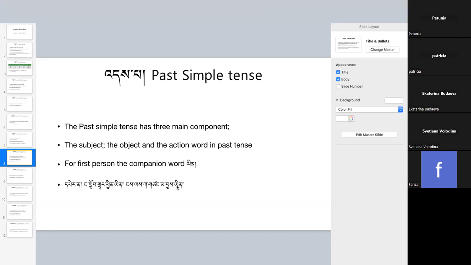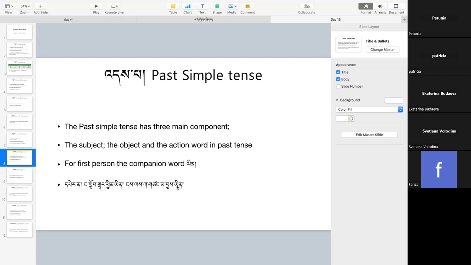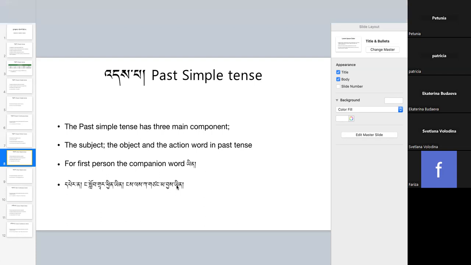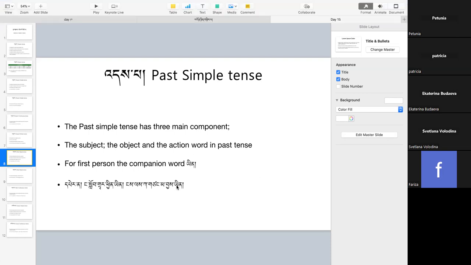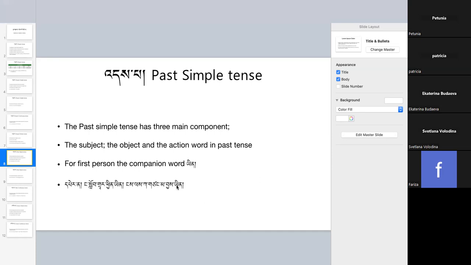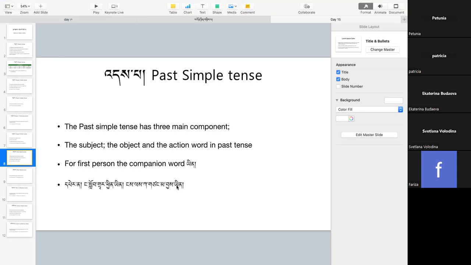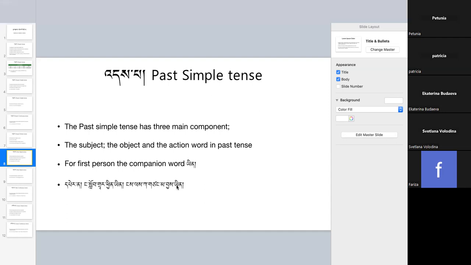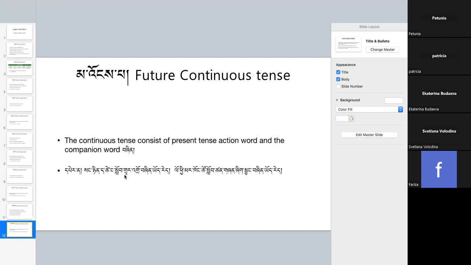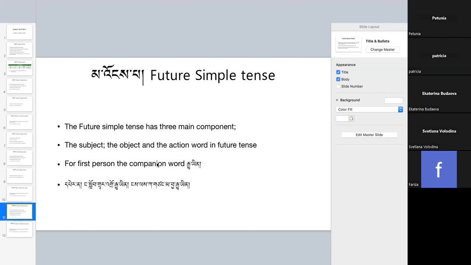You can add these things like sin or tsar, which by themselves are also words, unlike most of the companion words. So the actual companion word would be yin in both of these cases. So yin for past and future, yö for present simple.